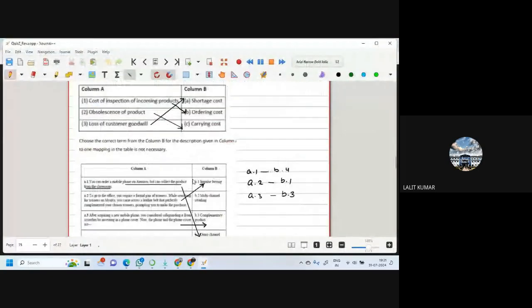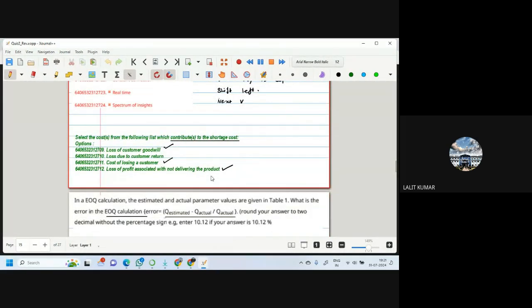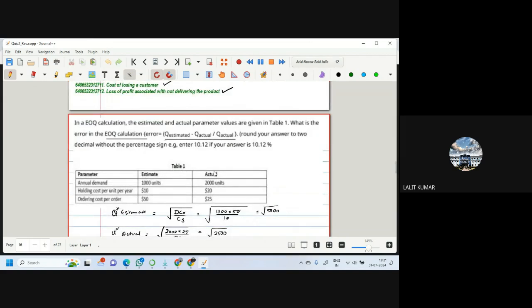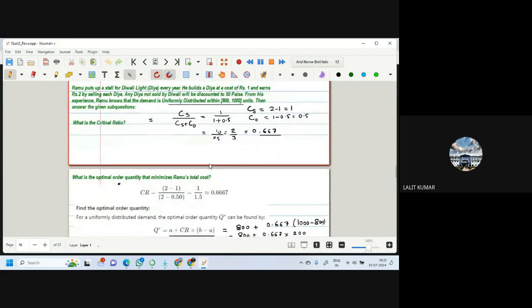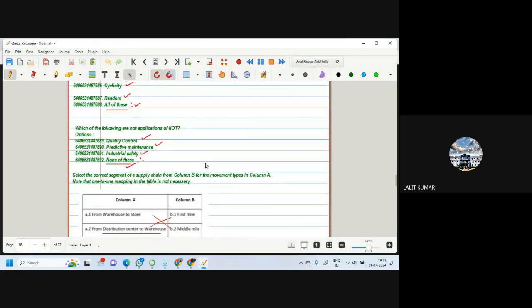So what I mentioned till now is that the majority of the questions in the PYPs are from week 5. There is not a single question from week 6 because week 6 we cannot solve manually. In week 5 there have been a lot of questions, so we have to go through them. I have covered those two formulas for the newspaper model and then for the EOQ and the Bellman. I'll be solving it. And whenever the Bellman question has been asked, it has consisted of almost 50% of the weightage of the question, all the full marks. So we'll go thoroughly through that Bellman.